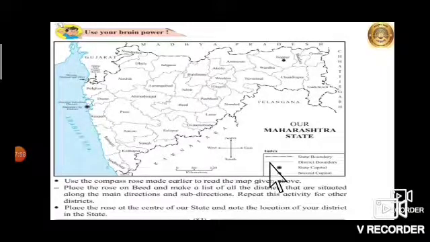Now these lighter markings are used for district boundaries. Here, can you see these district boundaries? This is how the index helps you to understand. This symbol is used for your state capital, which is here, Maharashtra, that is Mumbai. And this symbol is used for a second capital, which here shows Nagpur.